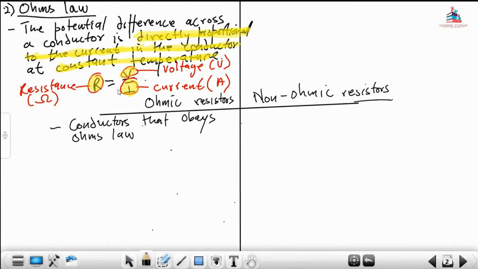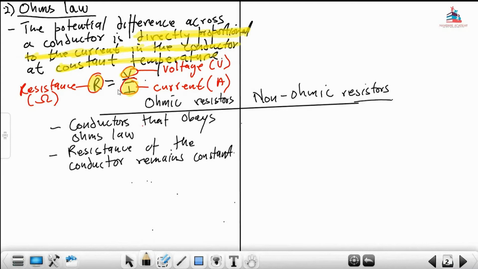So the resistance of the conductor remains constant. Let's just emphasize that: the resistance of the conductor remains constant. Very, very important. So the resistance does not change.